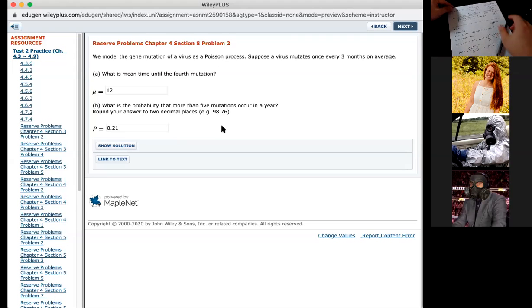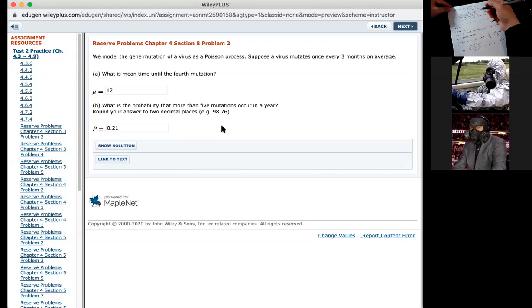I don't think this problem is difficult. We model the gene mutation of a virus as a Poisson process. Suppose a virus mutates once every 3 months on average. Question A: what is the mean time until the fourth mutation?